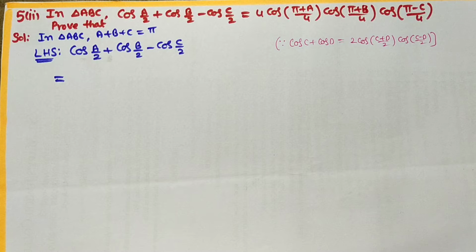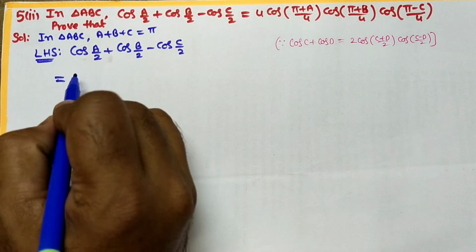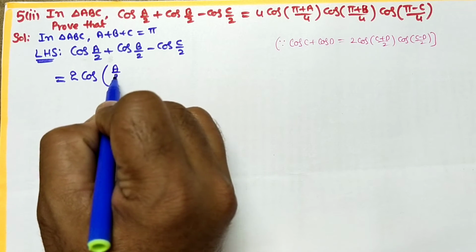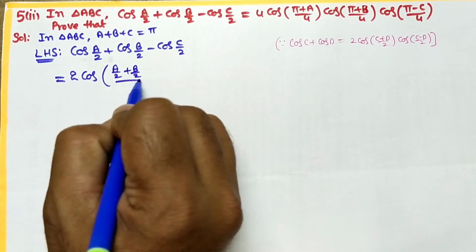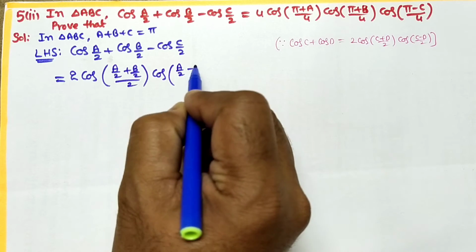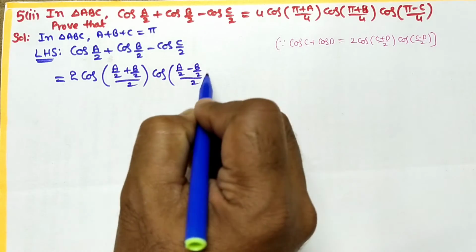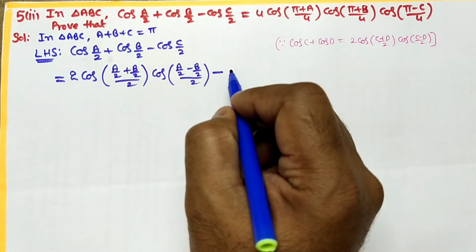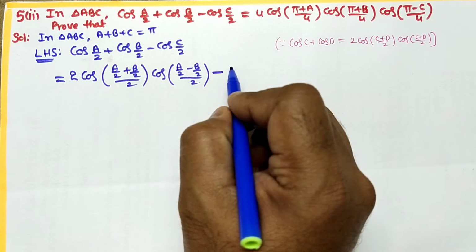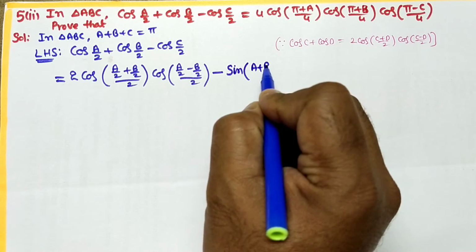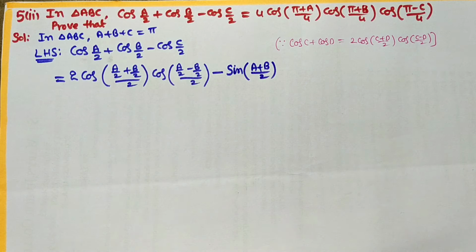So by applying this formula, the first term will become 2 cos (a by 2 plus b by 2) whole divided by 2, cos (a by 2 minus b by 2) whole divided by 2, minus cos c by 2. We can write it as sine of (a plus b) by 2, as we wrote in the previous question. Why?